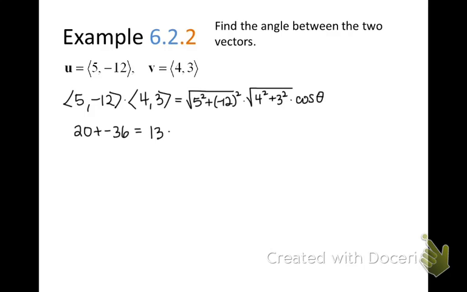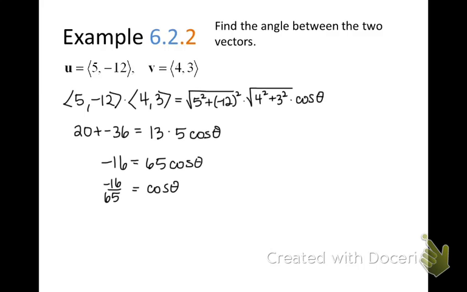Square rooted is 5, times cosine of theta. So then 20 minus 36 is negative 16. 13 times 5 is 65. And now I can start getting close to isolating that theta. I'm left with the cosine of theta is equal to negative 16 over 65.